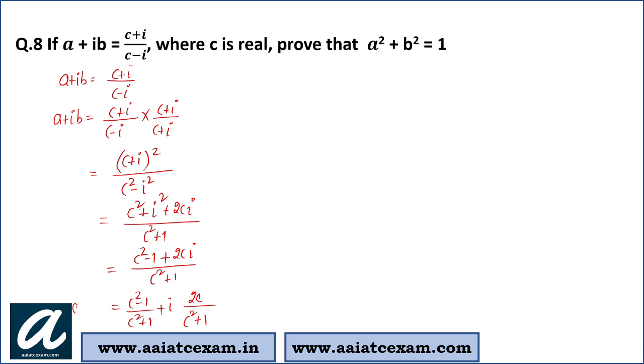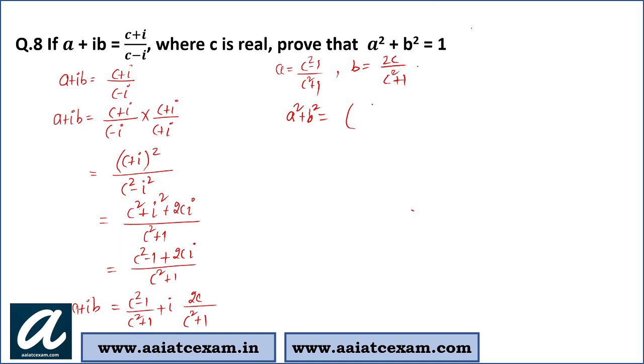This is a plus iota b. So I will write a is equal to c square minus 1 by c square plus 1 and b equal to 2c divided by c square plus 1. Students, now let me square and add them. a square plus b square will be equal to, what is a square?